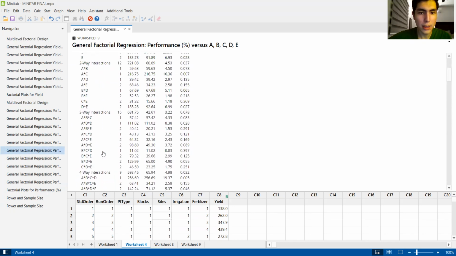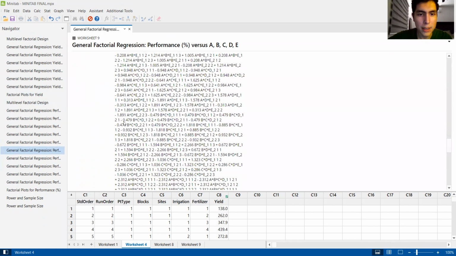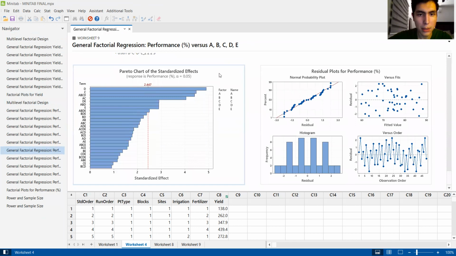After doing this, we had an R square adjusted of 78.09%, which still means that we're improving the model. So we got an R square of 97.20% and R square adjusted of 78.09%. Here we have the Pareto plot and normal probability plot.